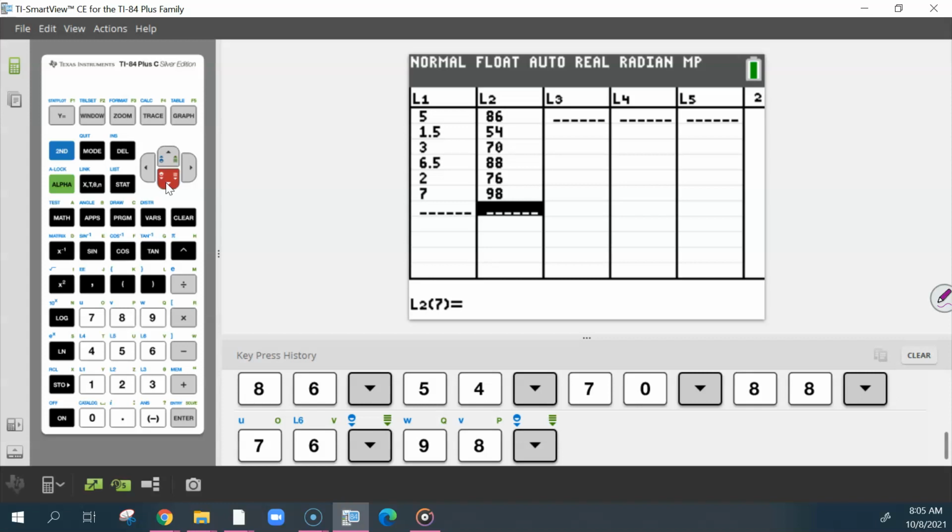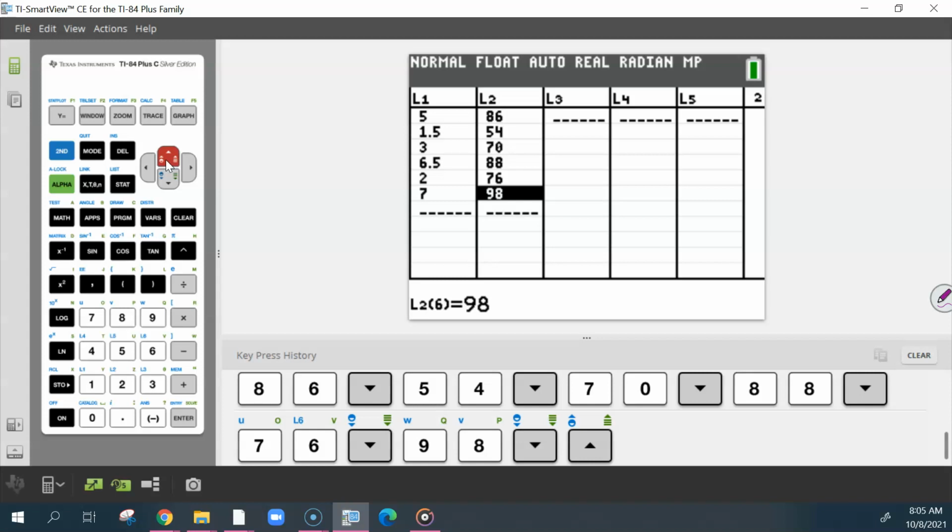You should have 6 numbers for each. Everyone have those numbers in their L1 and L2?